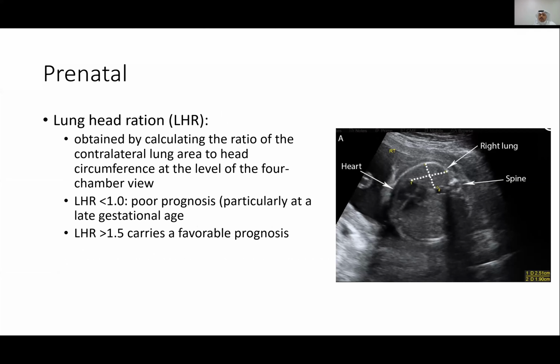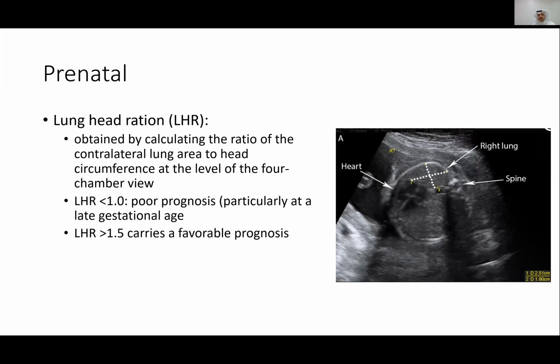It is basically looking at the contralateral lung, not the ipsilateral lung, and calculating its area at the level where you can see the 4 chambers of the heart. So you go to the heart, look at the 4 chambers, then look at the adjacent contralateral lung and measure the area.